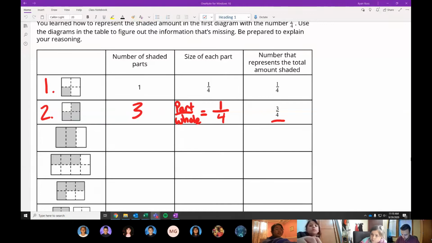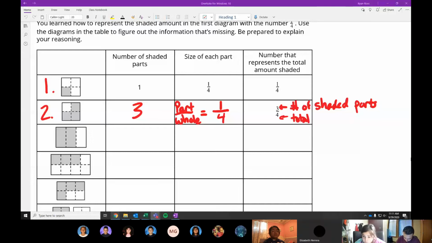Right. So very good explanation. Thank you, Camila. You can think of this as 3 is the number of shaded parts. Right? That 3 on top, I'll try to draw a better arrow. 3 on top is the number of shaded parts. And then this 4 on the bottom is the total number of parts.